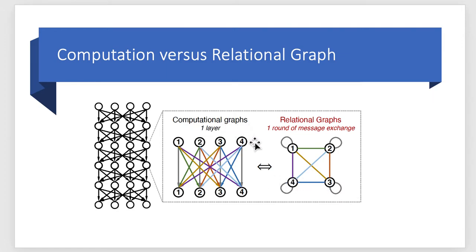Compared with the computational graph, where the data flows from one layer to another layer, in the relational graph, it will be one round of message exchange for all the nodes. Hence, to obtain a deeper neural network, we just perform message exchange over the same graph for several rounds.